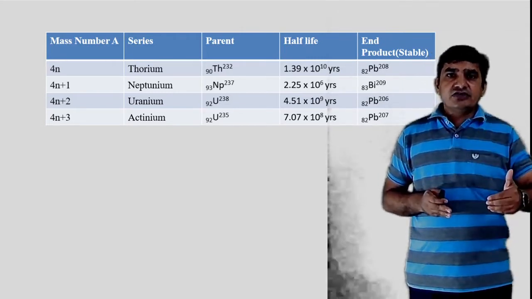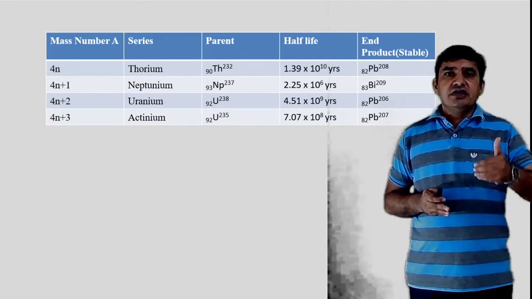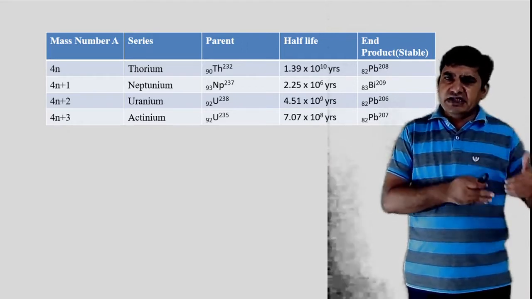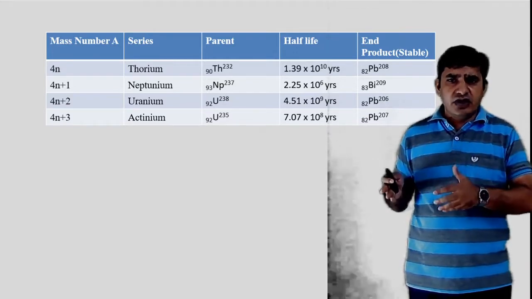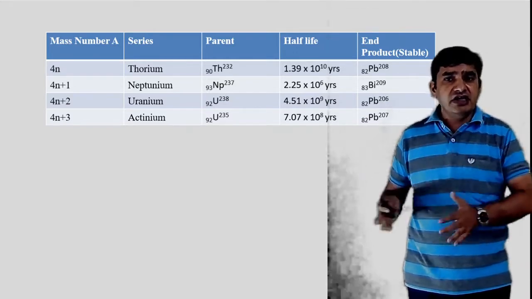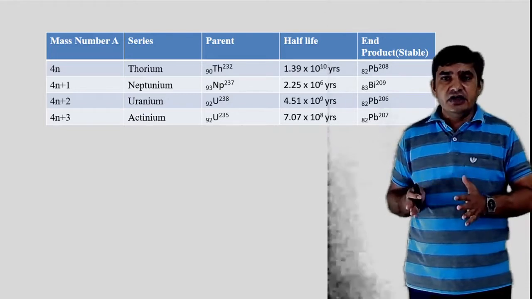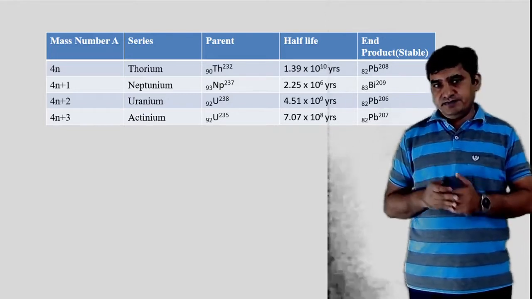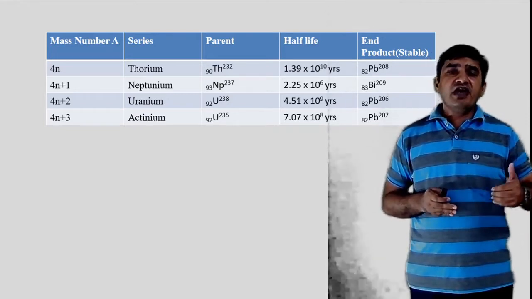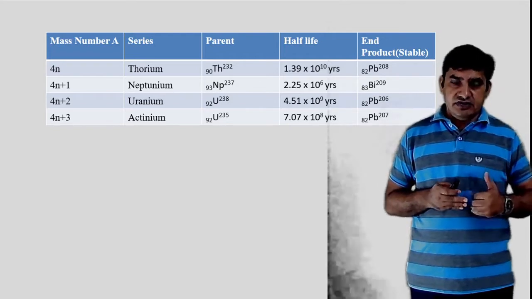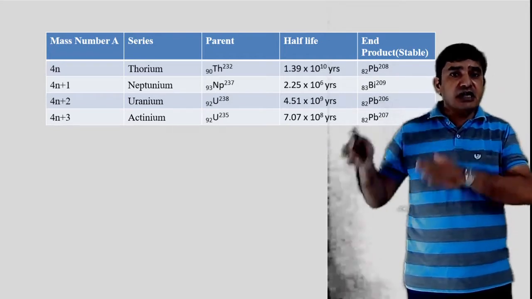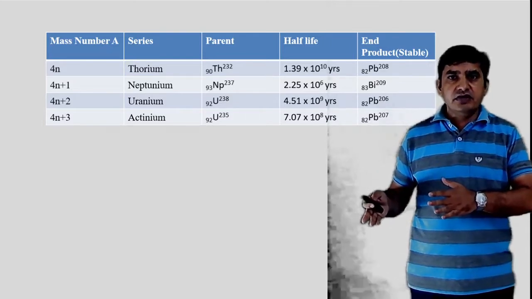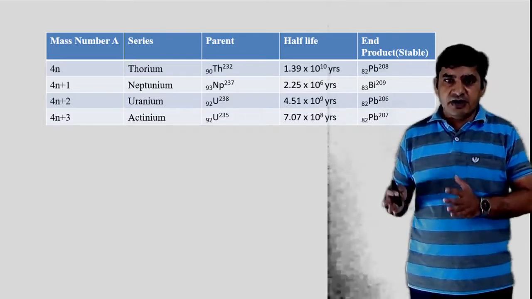The stable end product, which is not radioactive, is lead 208. Thorium emits alpha particles in this series.